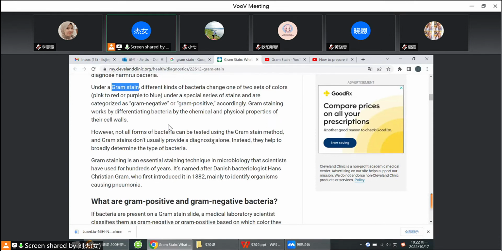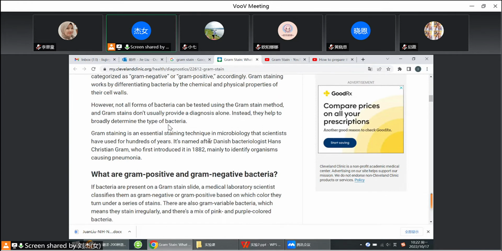And what's more, not all of the bacteria can be tested using the gram stain method. And the gram stain doesn't usually provide a diagnosis alone.